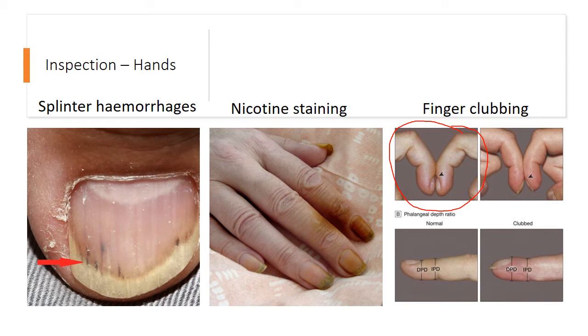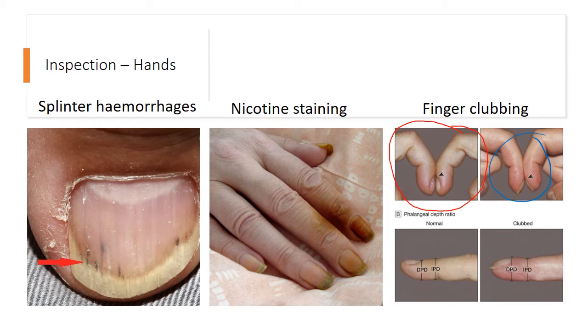You'll see that this black arrow points towards what we refer to as Shamroth's window, this sort of diamond shape that, if you hold your own fingers together like that, you should be able to see that hole through between the nail beds. Whereas in finger clubbing, what we can see in the top right is this loss of angle in the nail bed that develops over a long period of time. And with regards to the cardiovascular system, that might be associated with infective endocarditis.